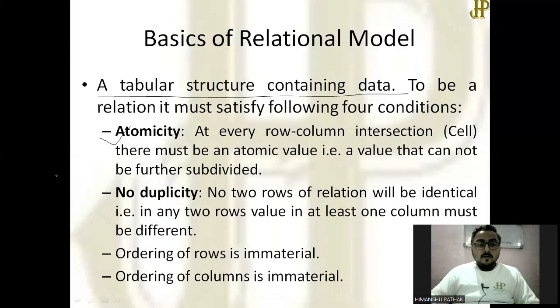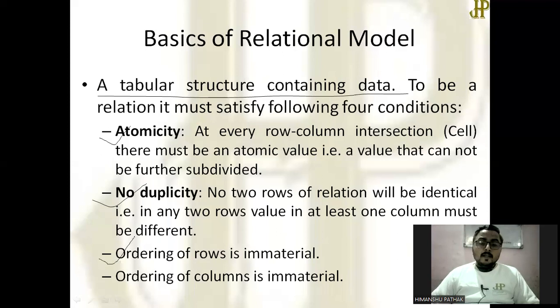Next property that should be maintained is no duplicity. No two rows of a relation will be identical, means you cannot store information of one person two times. Okay. Third one is ordering of rows is immaterial.